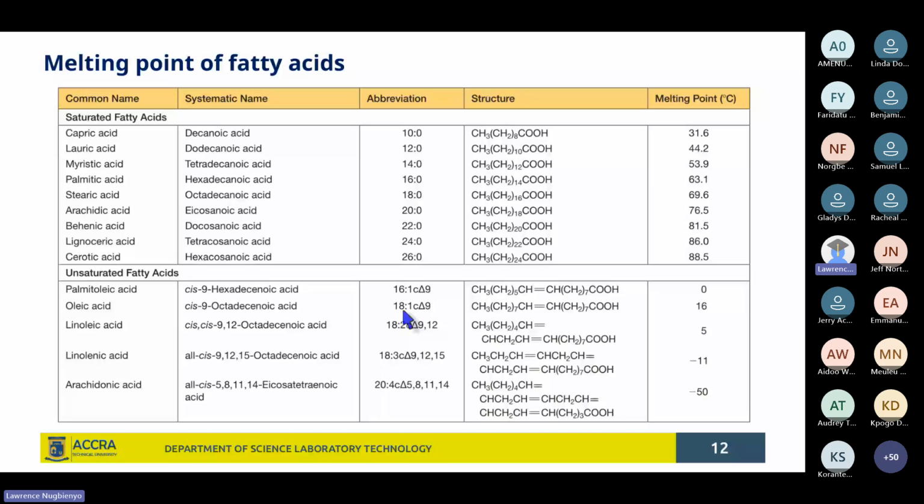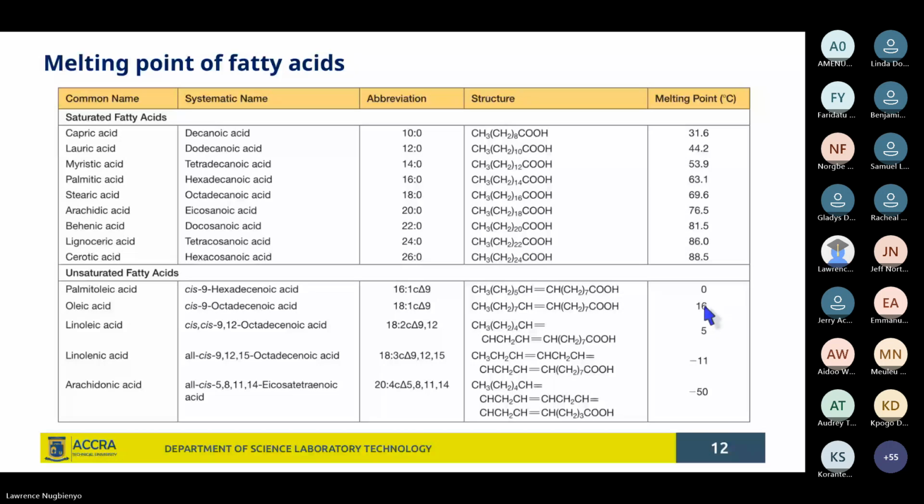You have 2 double bonds in that, on carbon number 9 and carbon number 12. You realize that there is a decrease in the melting point from 16 to 5. So as the number of double bonds increases, it results in a decrease in the melting point. So this is an inverse proportion.